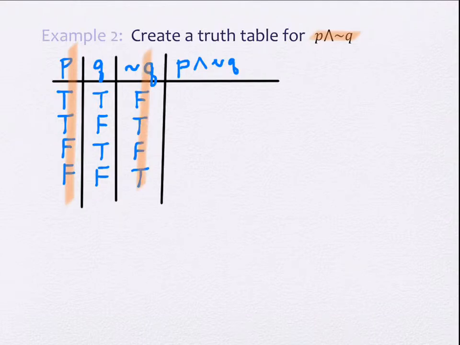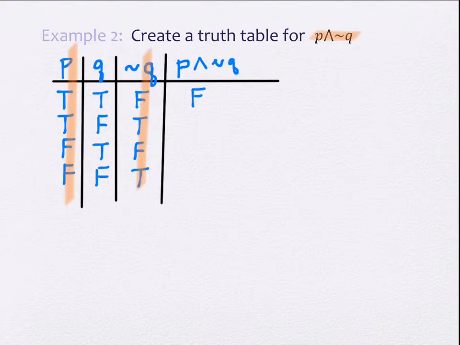Now, when is an and statement true? When they're both true, and that's the only time. So we're going to go along the rows and see if we have statements that are true or false. On the top row, we have true, false. That's false. On the second row, we have true, true.